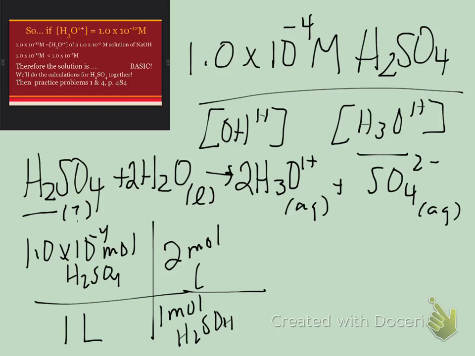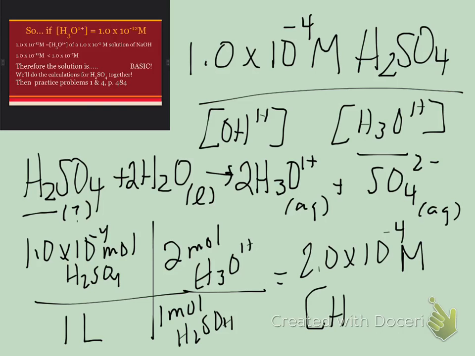Bingo. 2 moles of hydronium ions. So what's our concentration of hydronium ions? 2.0 times 10 to the negative 4th molar concentration of hydronium ions. Okay. Pretty simple, pretty straightforward.